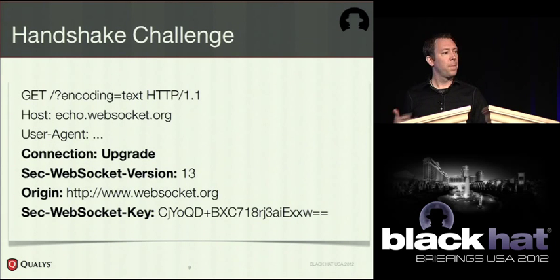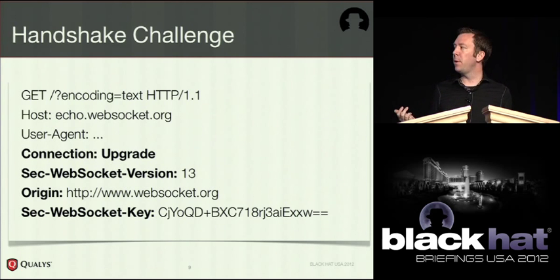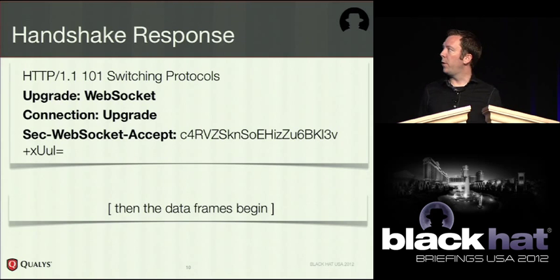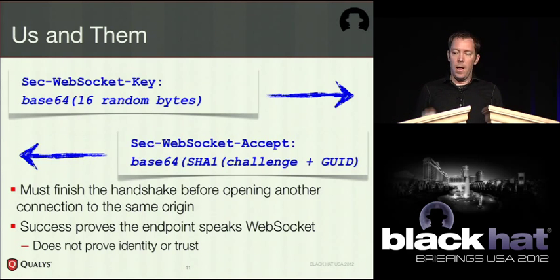So the handshake, again, looks pretty familiar to a normal HTTP request. You have a connection asking to upgrade to WebSockets, and you have a WebSocket key to which the server responds with a challenge. This is a challenge response. And the challenge response itself is not something that's cryptographically strong in terms of identity. All it's intended to do is say that you are actually talking to an endpoint that speaks WebSocket.